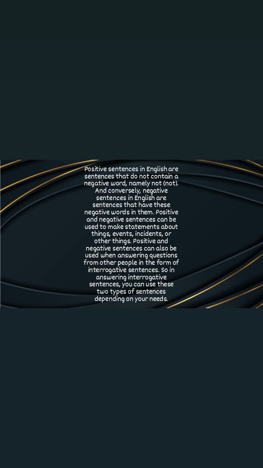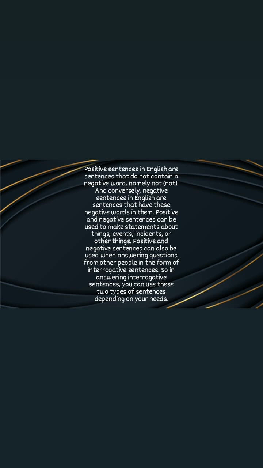Positive sentences in English are sentences that do not contain a negative word, namely not, and conversely, negative sentences in English are sentences that have these negative words in them. Positive and negative sentences can be used to make statements about things, events, incidents, or other things.